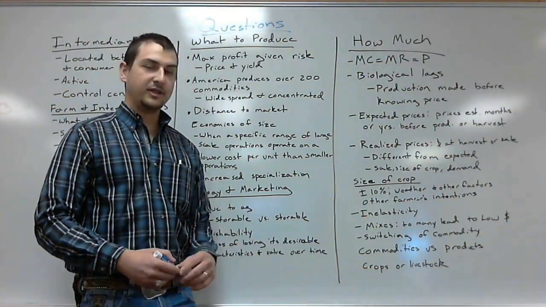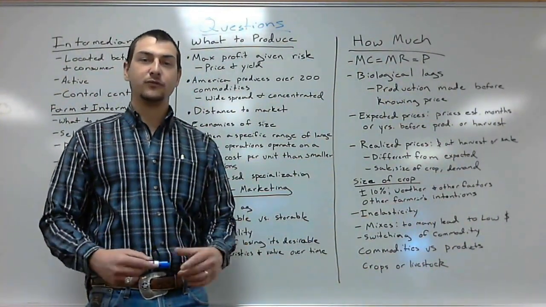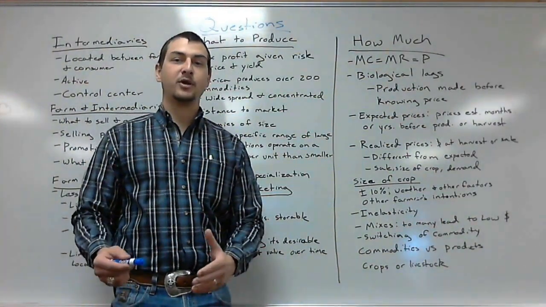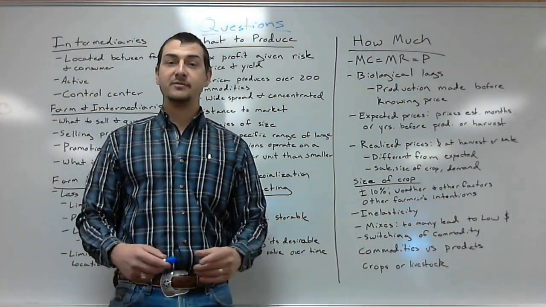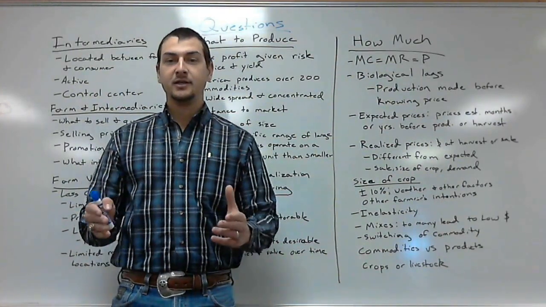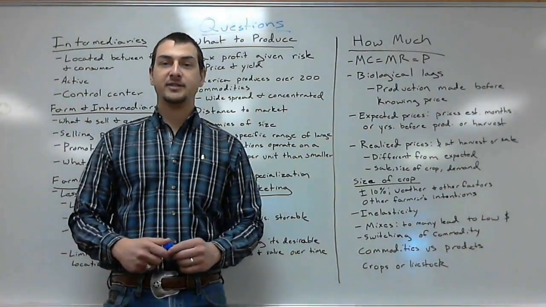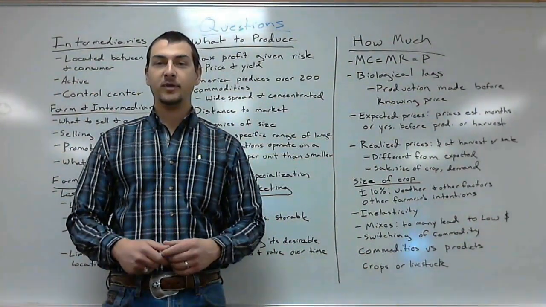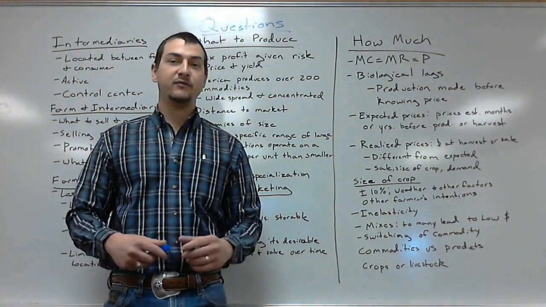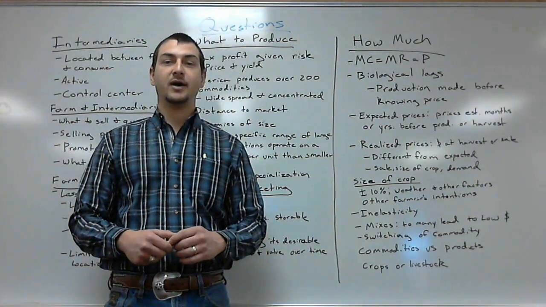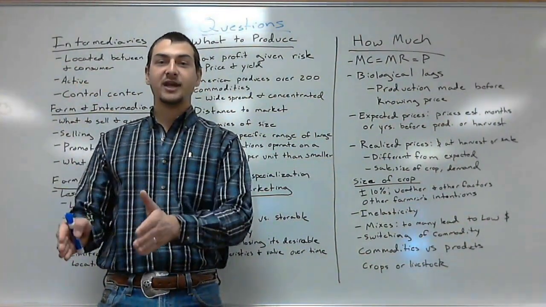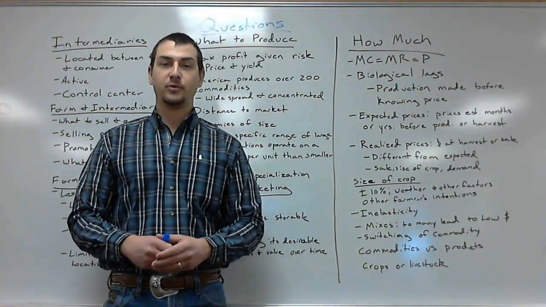And then another thing that makes it very difficult is it's often difficult to switch from one type of commodity to another. Sometimes it can be rather easy, where you might be able to switch from corn to soybeans to cotton with relative ease without too much more equipment. But it might be very difficult for some people to switch commodities, such as switching from a cattle operation to a hog operation.